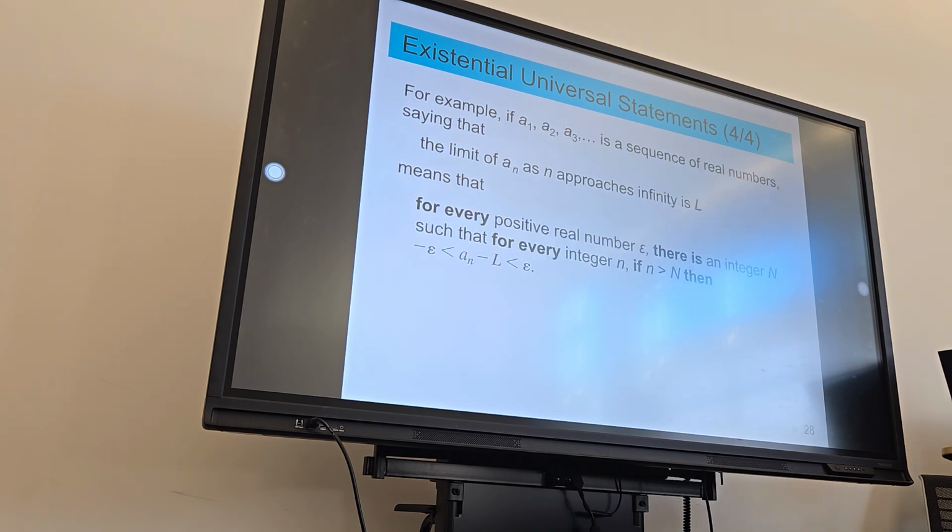And you have the definition of a limit. For every positive real number epsilon, there is an integer N such that for every integer small n, if small n is greater than N, then that equation is true. So that's a formal definition of a limit as I understand it.